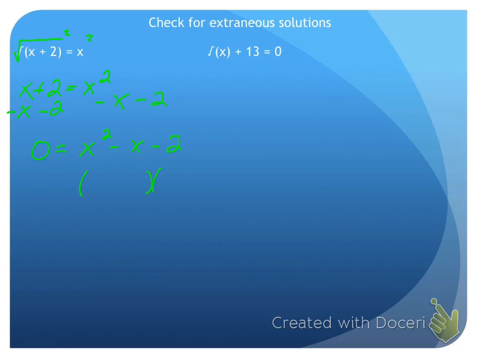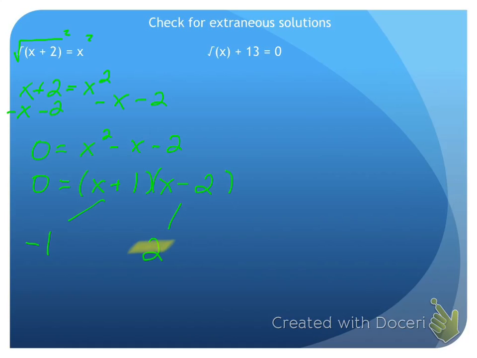Then I can factor this into 2 parentheses, different signs, negative 2 and positive 1 is my winning combination. Separate this into 2 equations, x plus 1 equals 0, x minus 2 is equal to 0, and I get x is equal to negative 1 or positive 2.